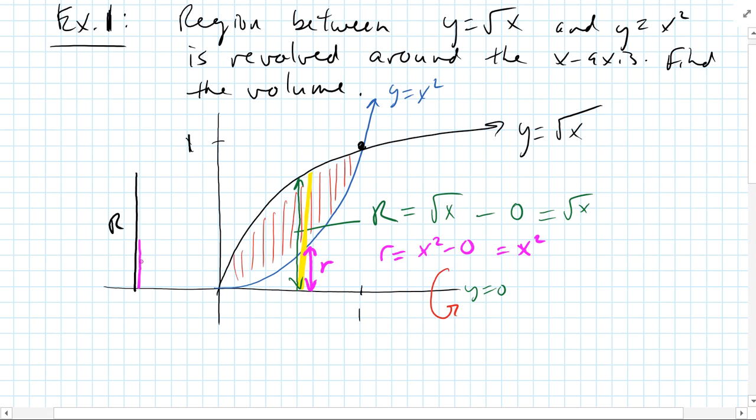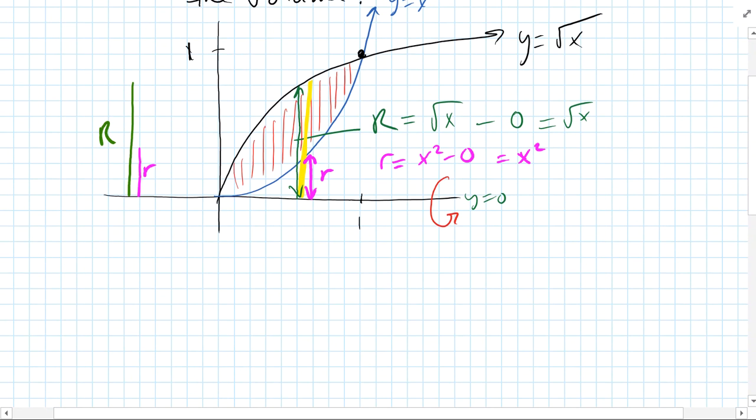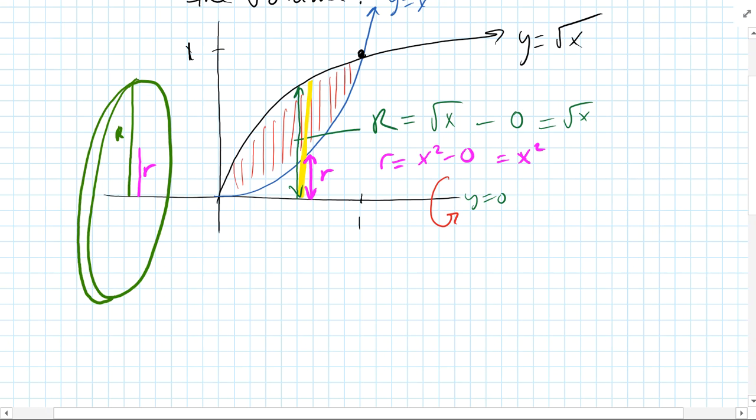Actually, I'm going to make this one the green. Is that my outer radius? And is this my inner radius? So if I draw a cross-section for that, that's delta x, yes? That's the disk. Are we going to carve a hole in our disk and produce a washer?